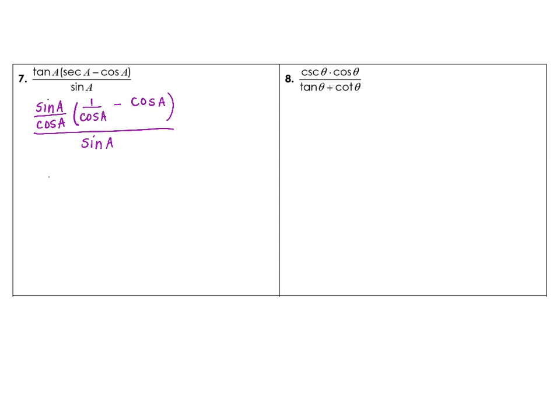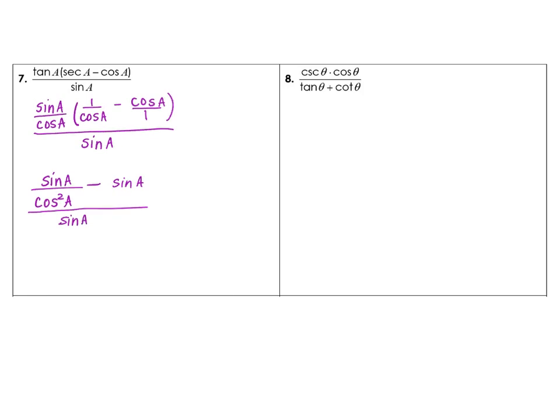And so that's going to give us sine of A over cosine squared A minus, and notice that cosine in the second part is in the numerator, so it will cancel with the other, leaving us just sine of A. And all of that is over sine of A.